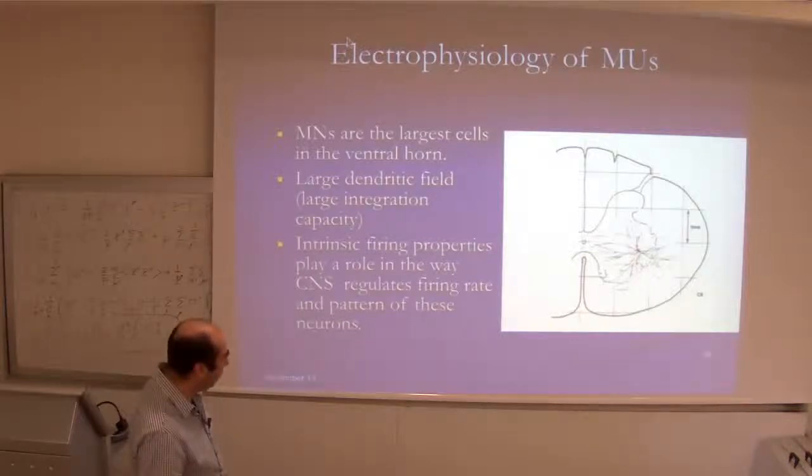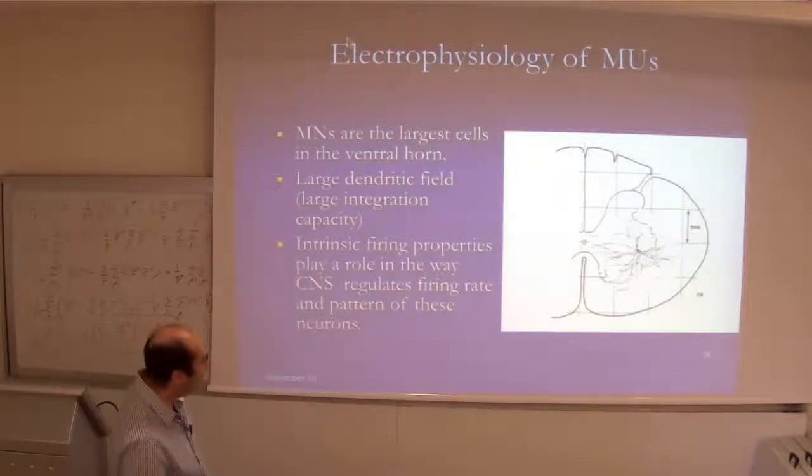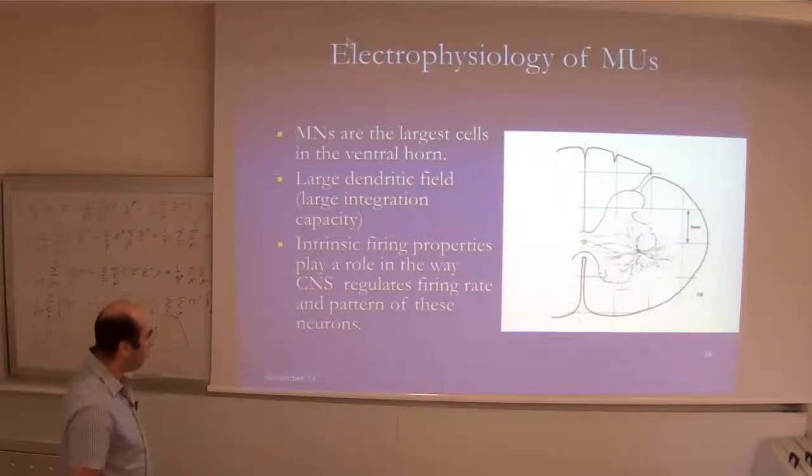If you follow the dendrites, they're sending them everywhere. They send them to the dorsal part, to the white matter, very close to the midline, but they don't cross the midline. The dendrites and the neurons are very, very big.